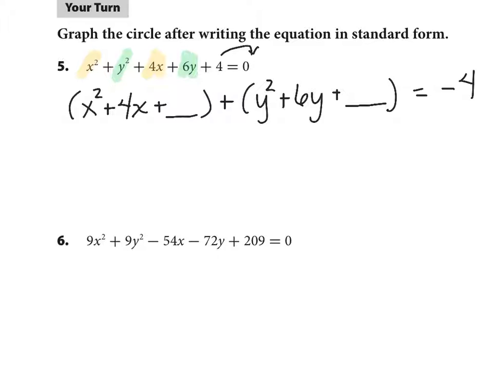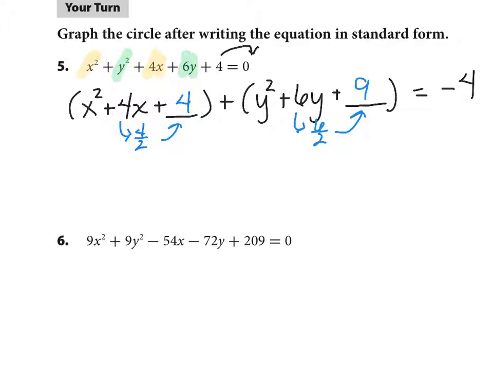All right, now I need to complete the square. So 4x divided by 2, quantity squared, is 4. 6 divided by 2 is 3, and 3 squared is 9.